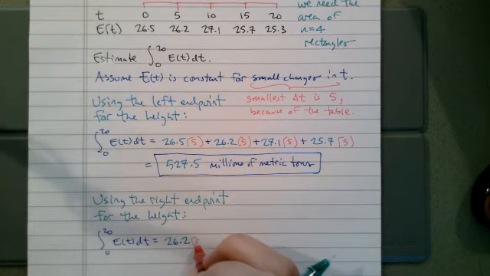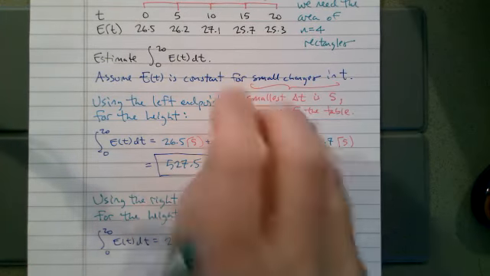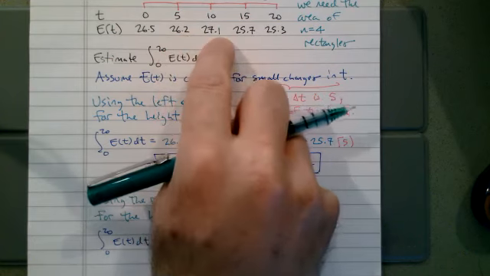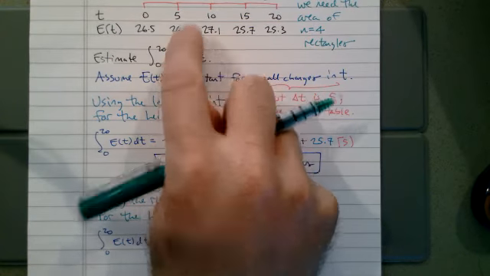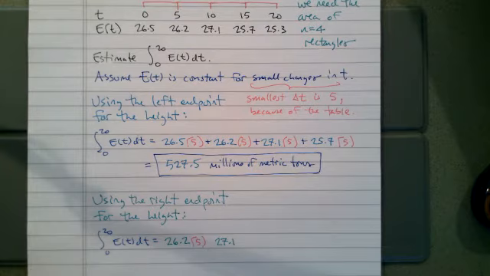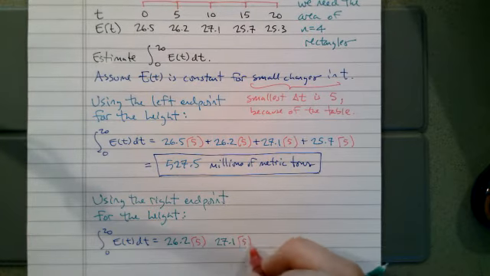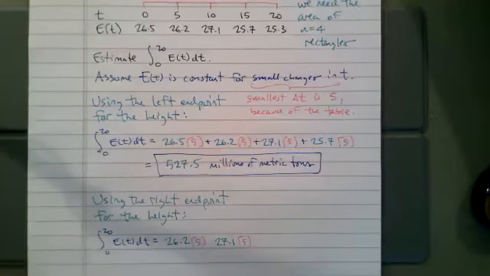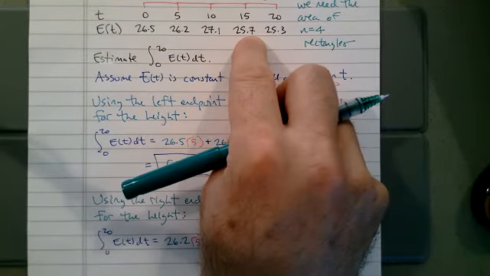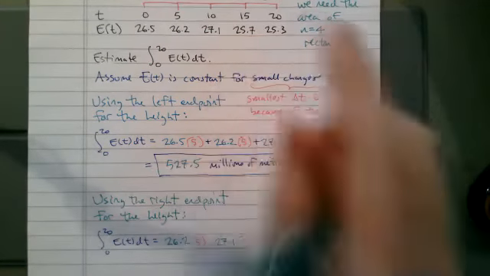And I'll multiply that by the width. Then for this second rectangle, instead of 26.2, I'm going to go to the right endpoint and say it was 27.1 the whole time. And I'll multiply that for those 5 years. Then for this third rectangle, I'll go to the right endpoint and say it was 25.7 the whole time.